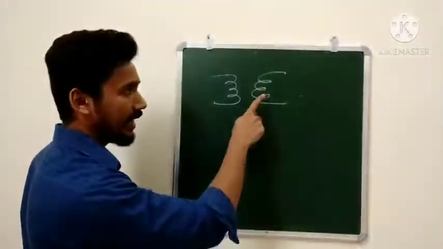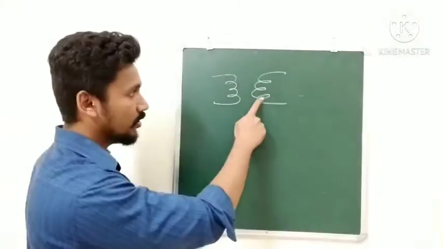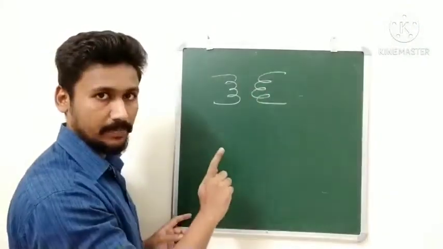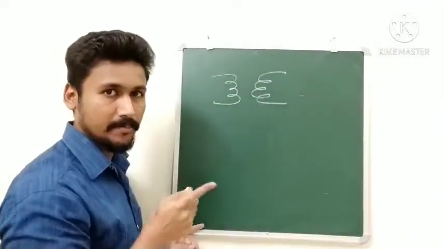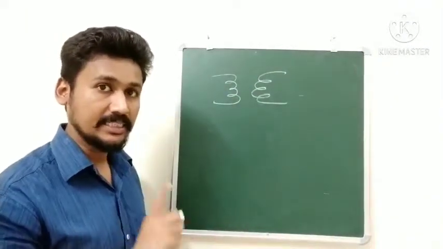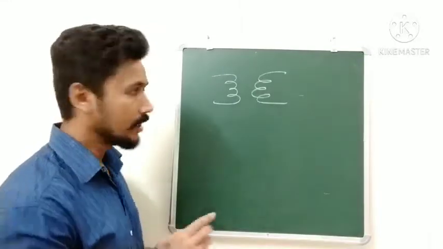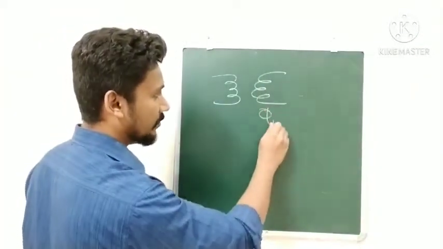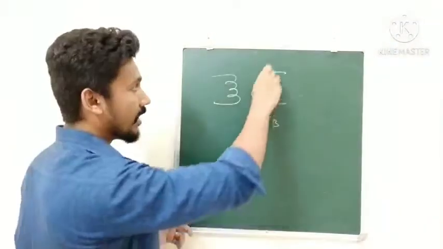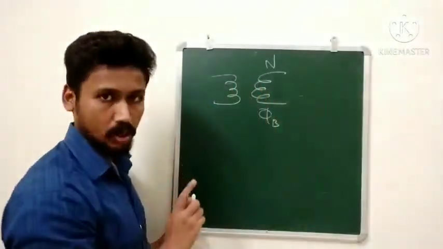If we pass an electric current through one coil, we know that the flux around this coil will change. Because of that, there will be an induced EMF in the second coil. This is something we have discussed in the beginning of this chapter. Correct? So let us say that the flux in this coil is phi B, and there are N turns for this coil.